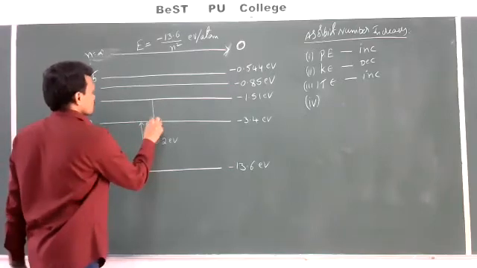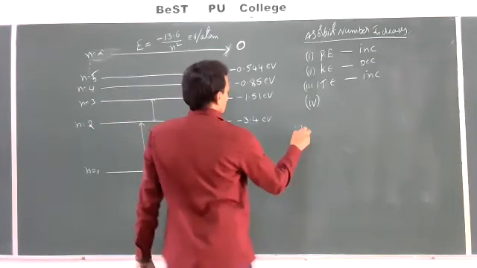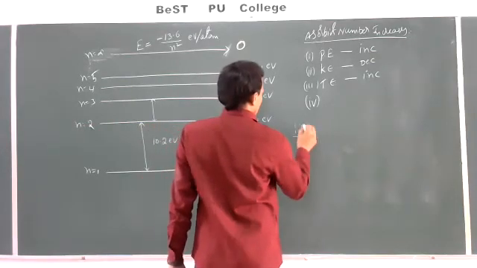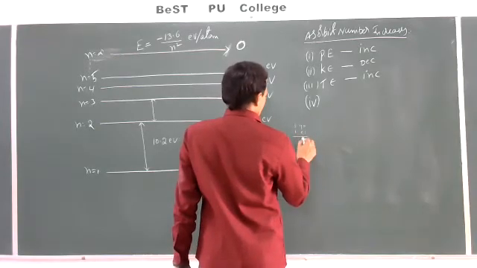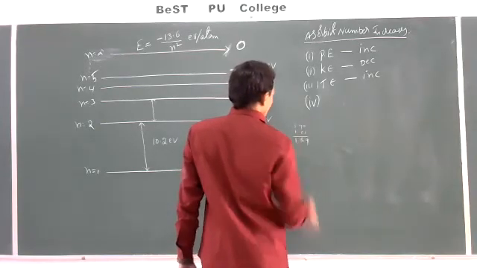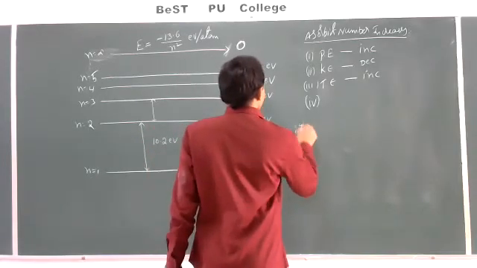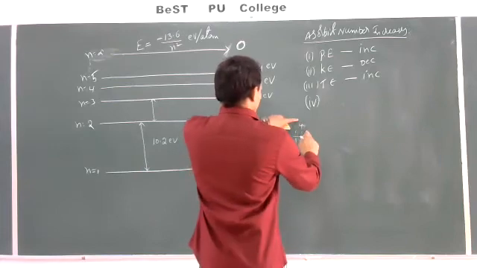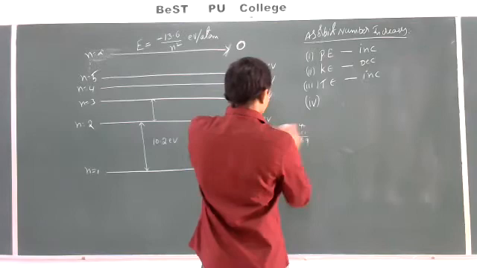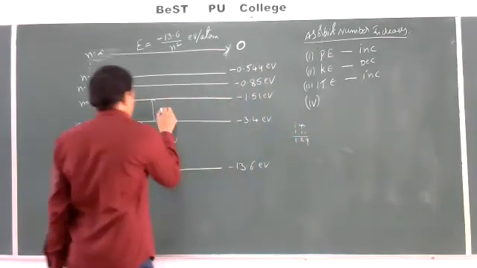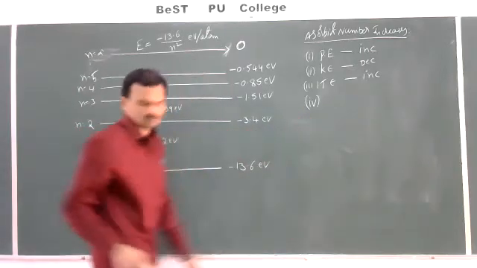Now here, this is the energy difference between 3.4 and 1.51, which is 1.89 electron volts, and so on.